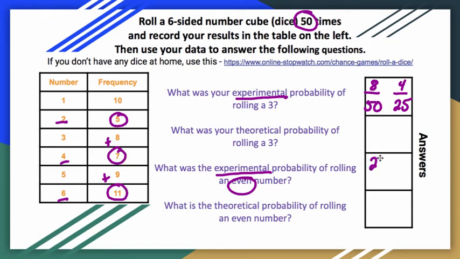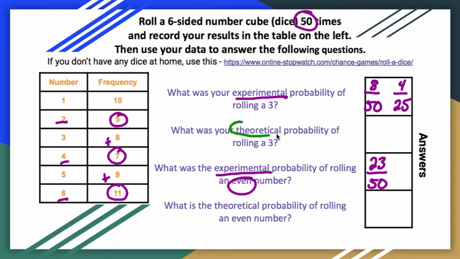So 23 times I rolled an even number out of 50 total rolls. Well, I can't simplify 23 and 50, so that's my answer. But experimental is go to your data out of your total number of trials, however many times you happen to flip it or roll it.